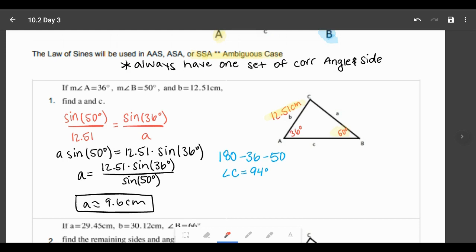Now that I have that information, I can go back to finding my side C. The way that I would do that, again, I was given my B information, so I'm going to set up that first and set that equal to my C information.